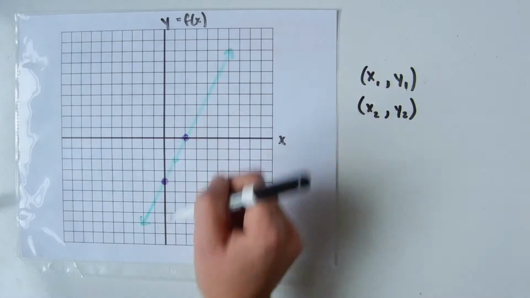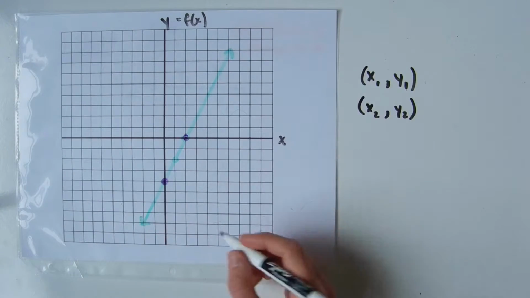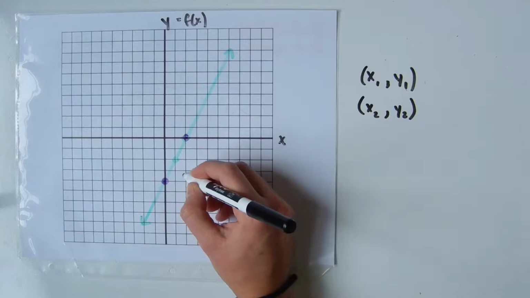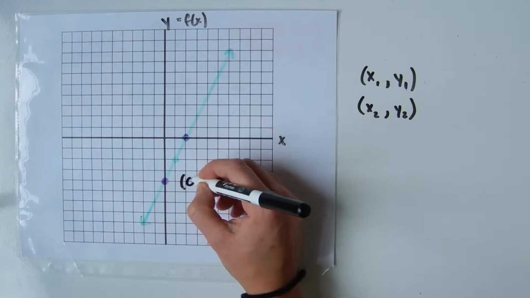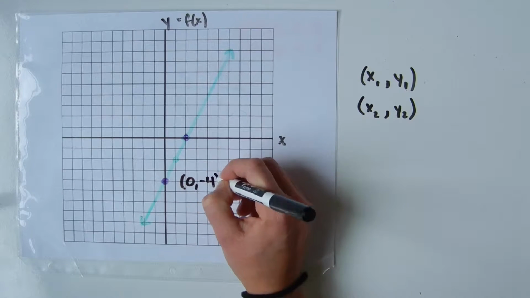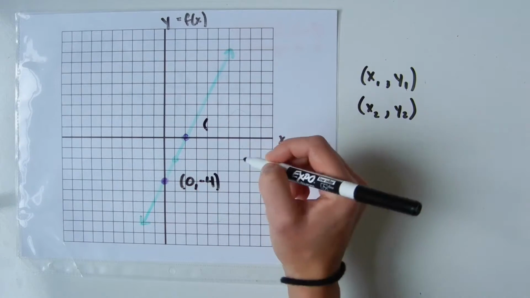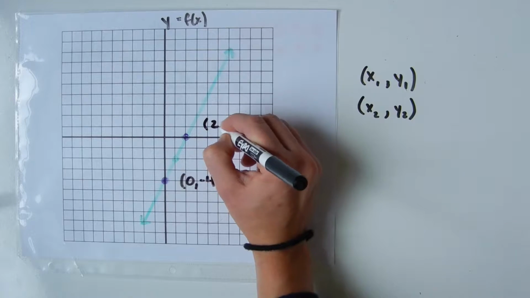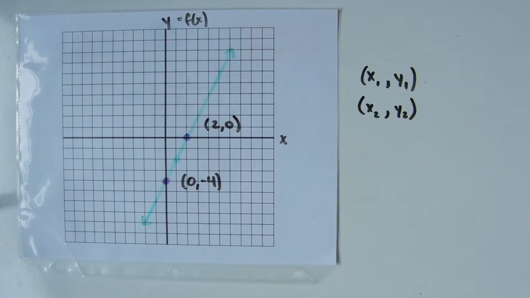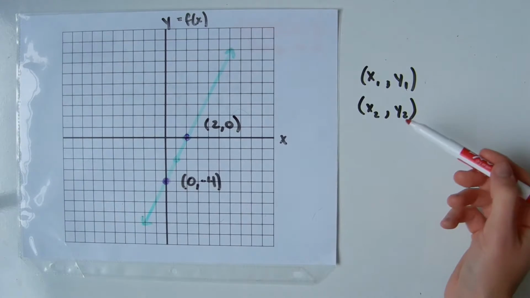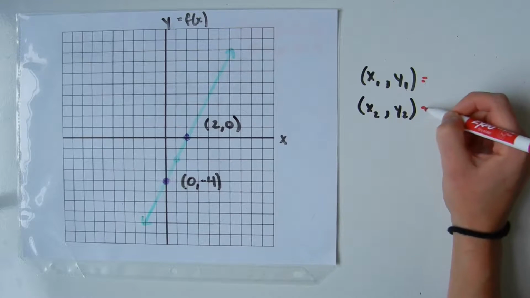Let's go ahead and just use our y-intercept and our x-intercept. Our y-intercept, if you remember, occurred at the point 0, negative 4. Our x-intercept occurred at the point 2, 0. So let's go ahead and write these coordinates as x1, y1, and x2, y2.